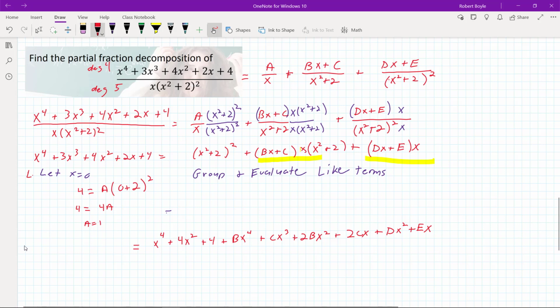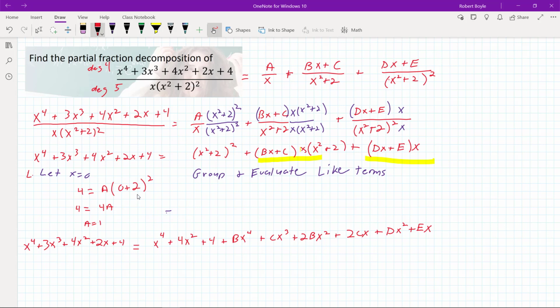And that's going to be equal to x to the fourth plus 3x cubed plus 4x squared plus 2x plus 4.